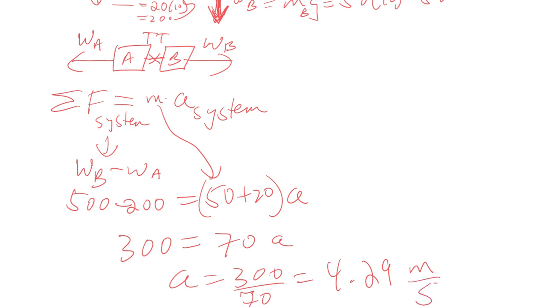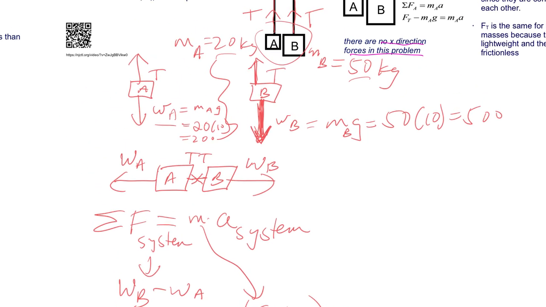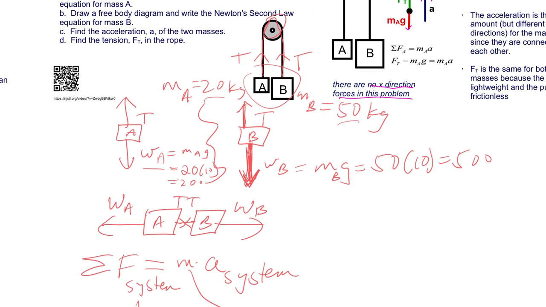Now if you get 9.8, you're wrong. It can't accelerate faster than free fall, which is 10 meters per second squared. Okay, so that's the acceleration of either block or the acceleration of the system.